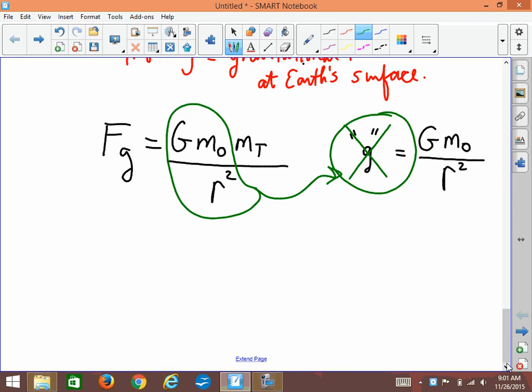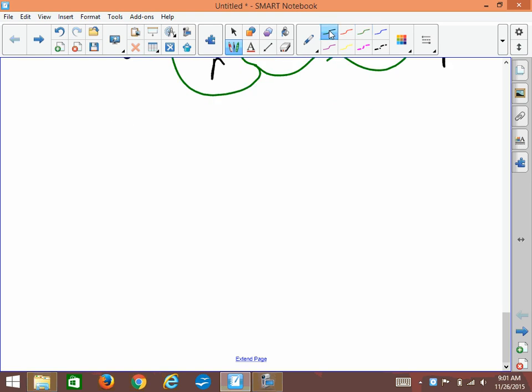Let's go down now and let's compare. What do we know about electricity? Well, the electric force is equal to k Q1 Q2 over R squared. It looks almost identical to gravity, doesn't it?